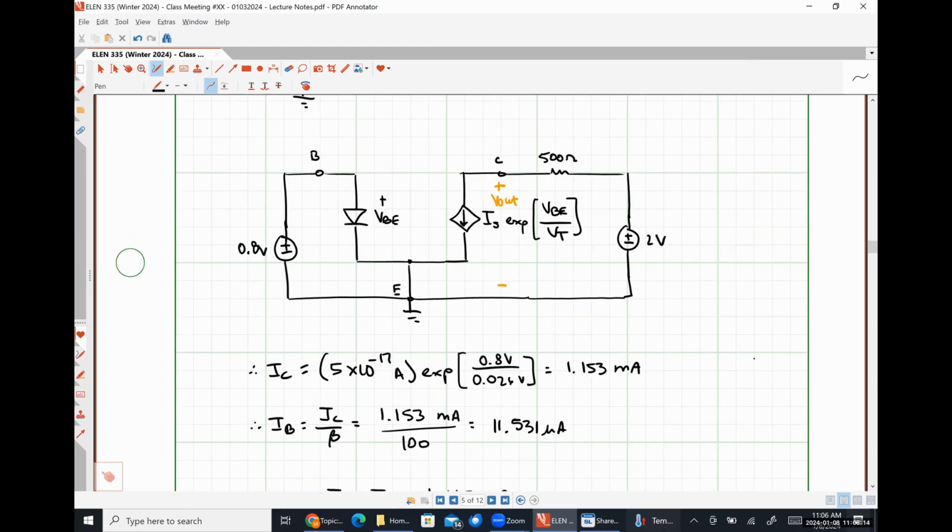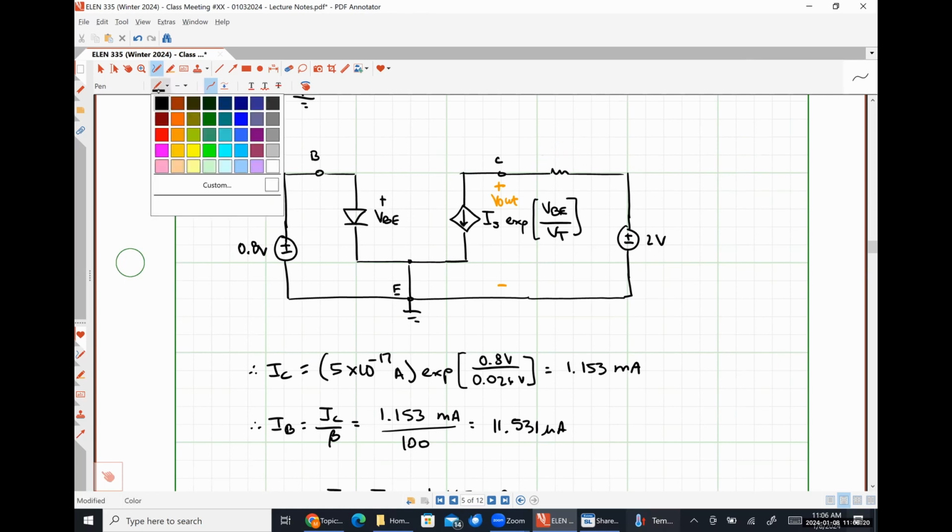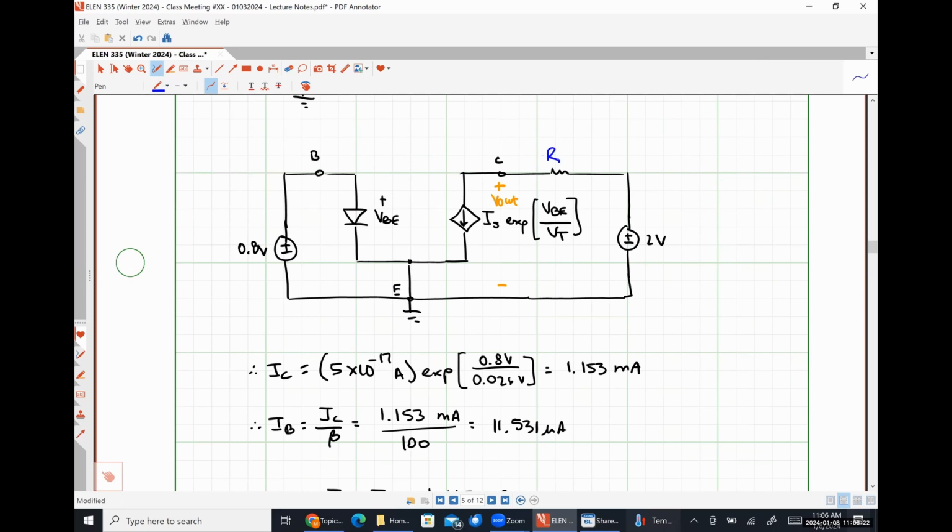So let's look at this guy here. Let's call this resistor just RC, which is what we're solving for.